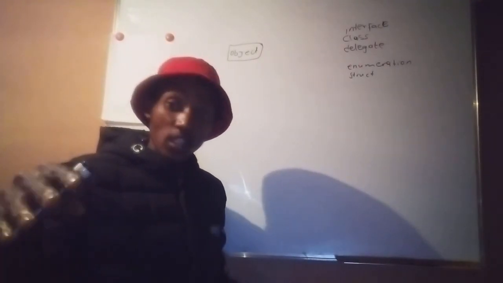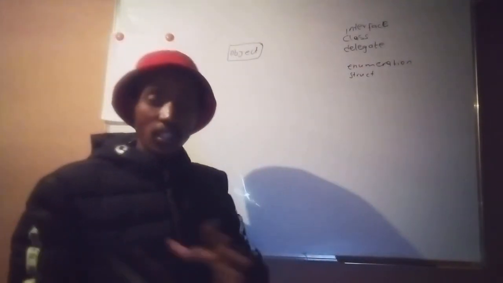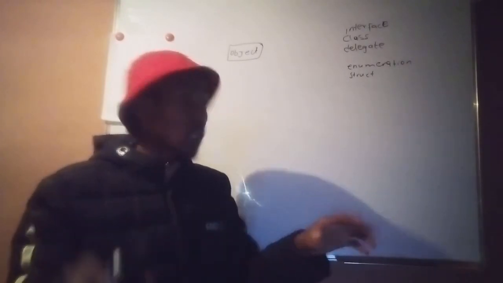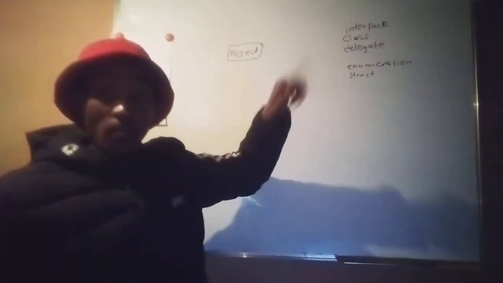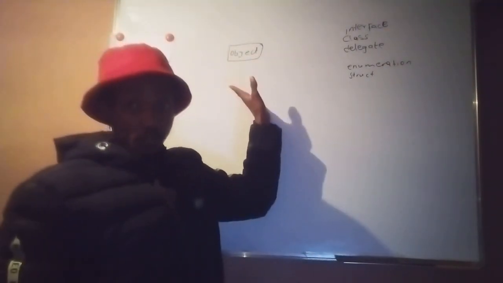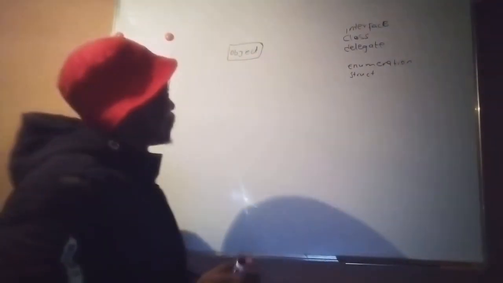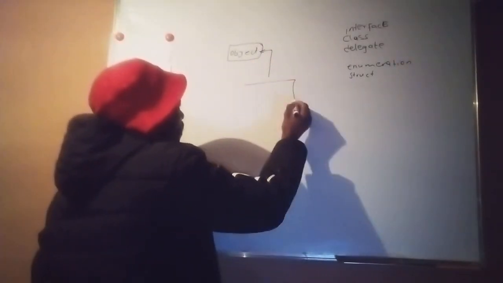You can create custom types. They will implicitly inherit from this type. You don't need to explicitly inherit from this type, but when you create a custom class, custom delegate or interface, automatically, implicitly, it's going to inherit from this type. Does that make sense?